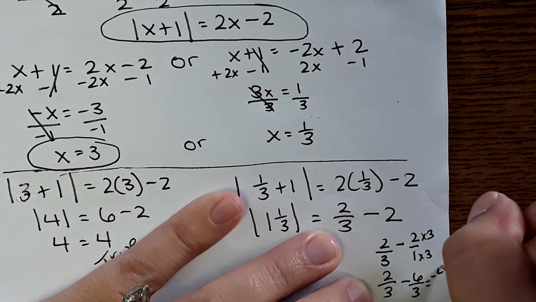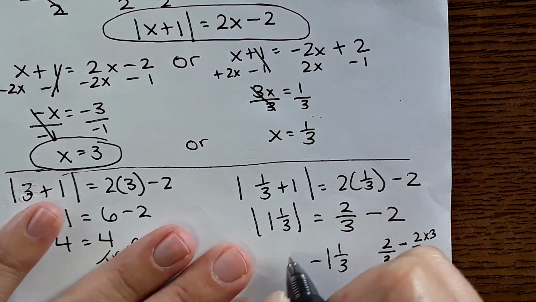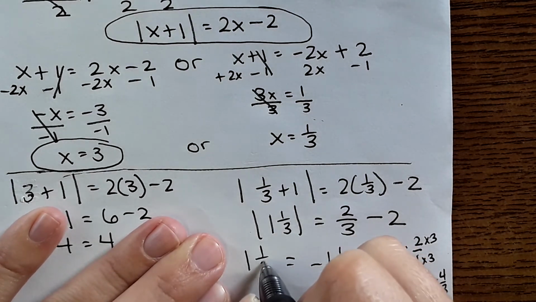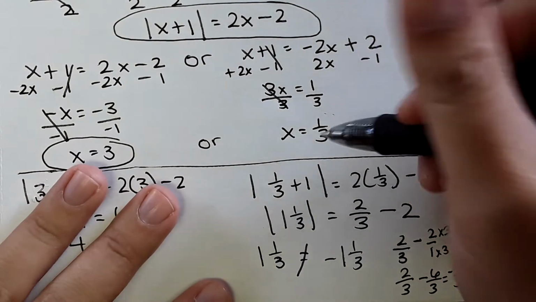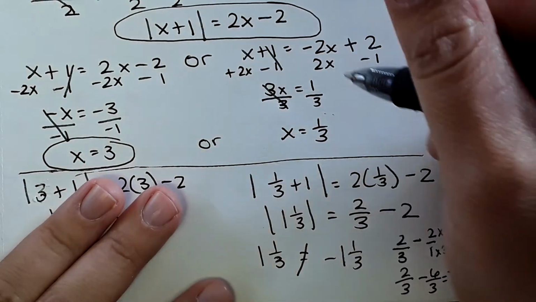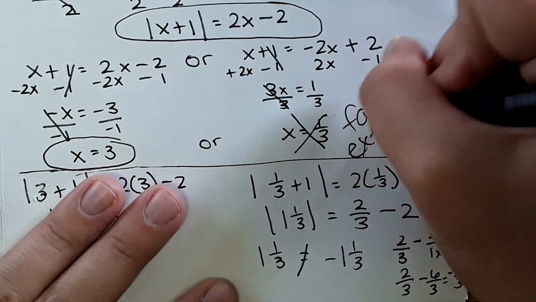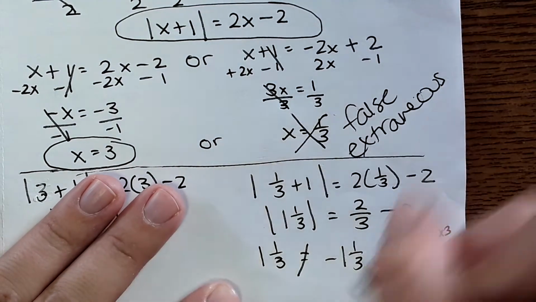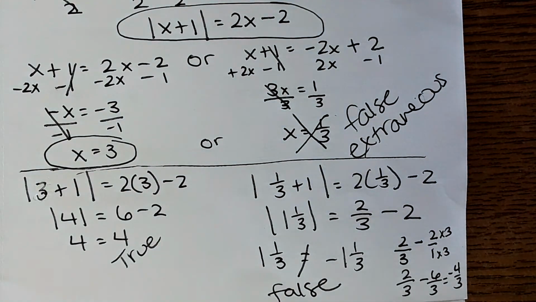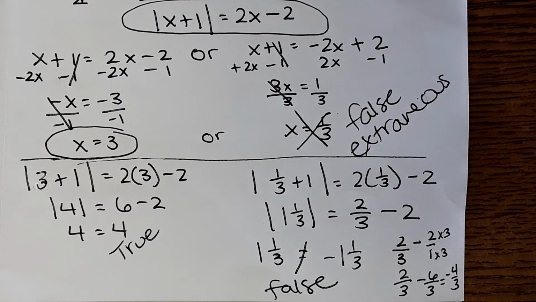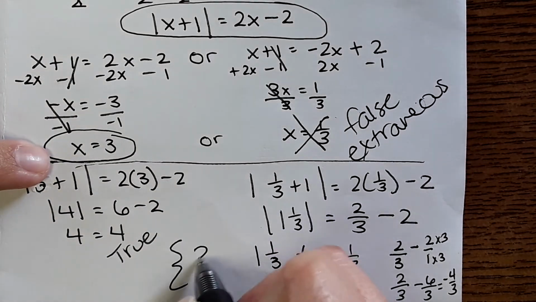Get negative 4/3, or negative 1 1/3, which does not equal positive 1 1/3. So therefore, this one does not work. It is false, extraneous. So in your answer choices, you would just be looking for 3.